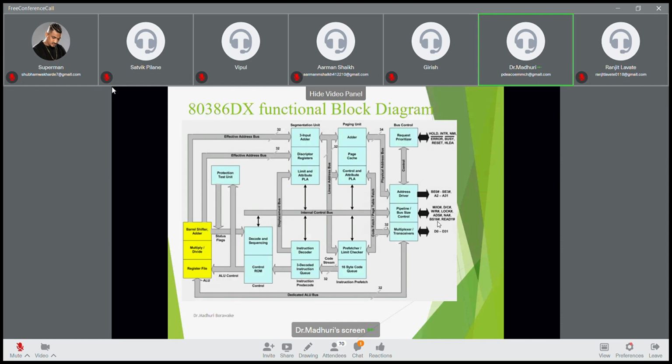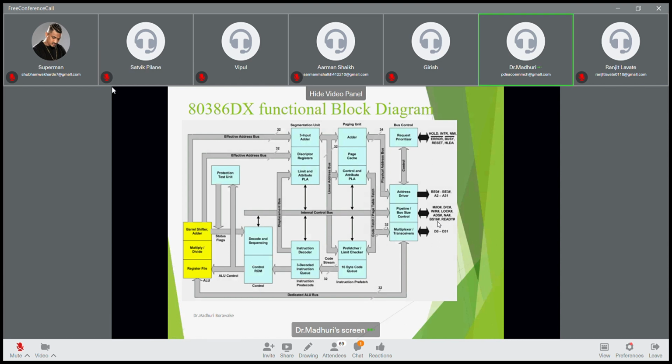Logical address means the actual address, the RAM address. I have already explained the example: whenever you define a variable C, it will take some space in the memory area. That is the logical space in the processor memory area. That logical address must be converted into the linear address, and that will be done by the segmentation unit. This conversion of logical address to linear address I will explain in unit 3.